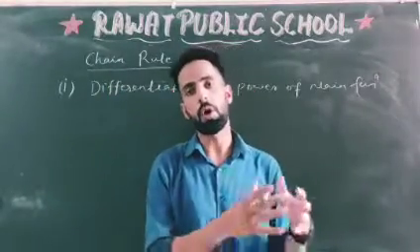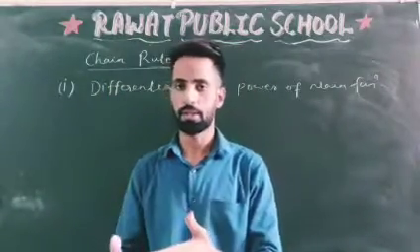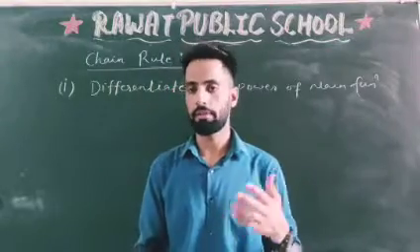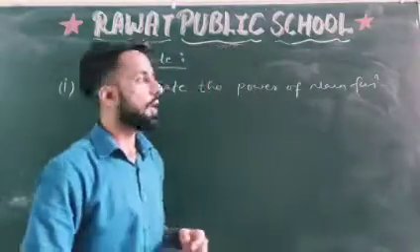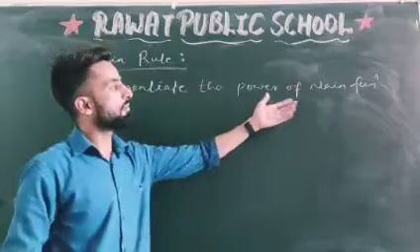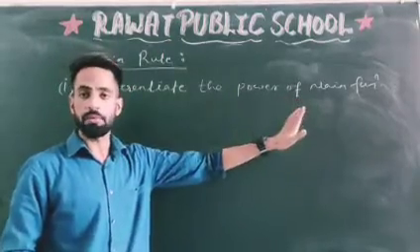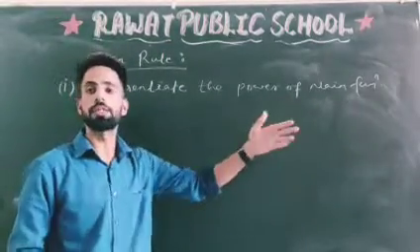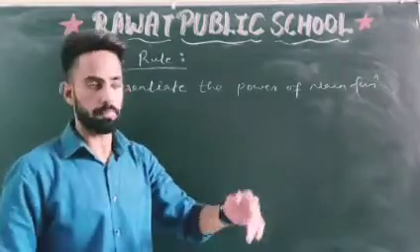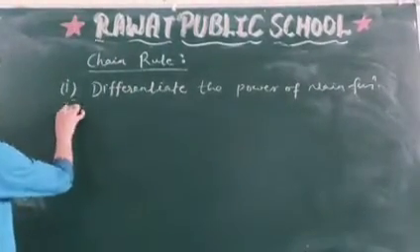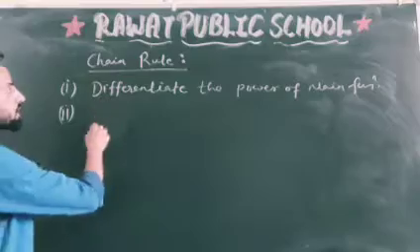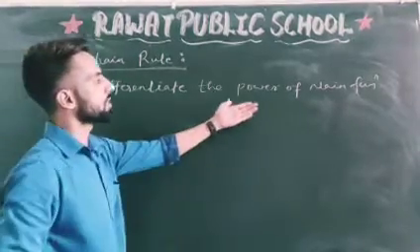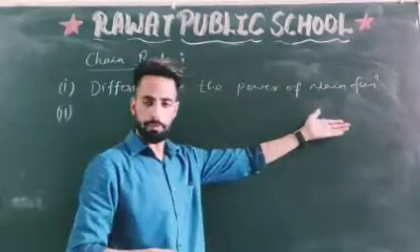The main function is always written at the first. The first appearing function is always the main function. We will differentiate the power of the main function, not the main function, just the power, using the x to the power n formula. The second step in the chain rule comes after differentiating the power of the main function.